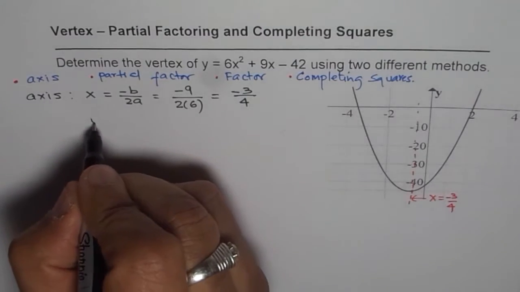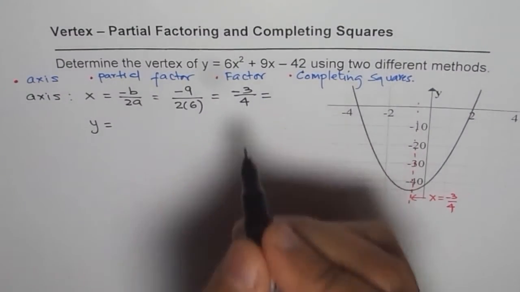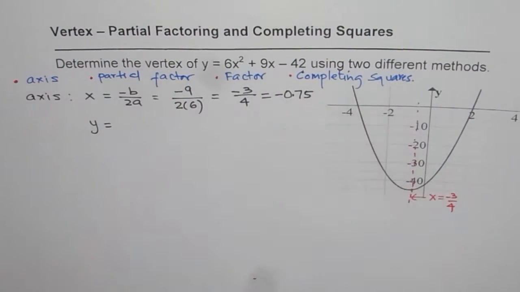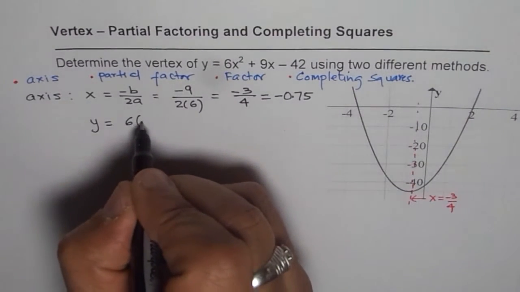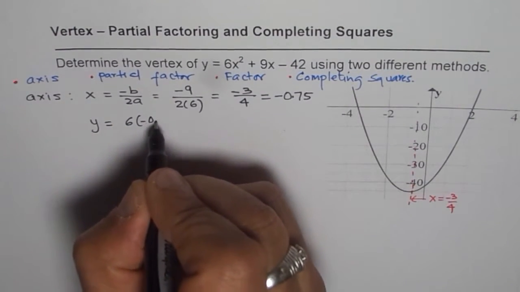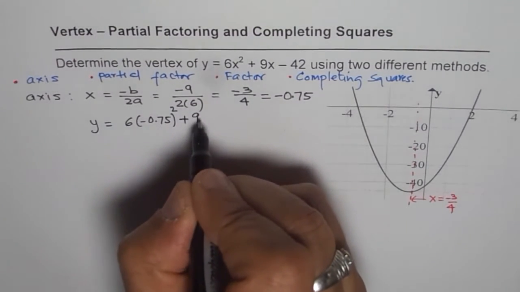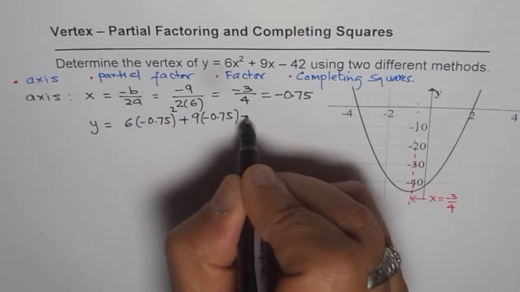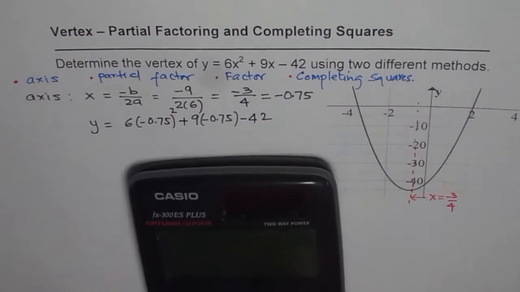So now y is equal to, we'll substitute minus 3 over 4 or minus 0.75 in our equation. That gives us 6 times minus 0.75 squared plus 9 times minus 0.75 minus 42. At this stage we should use a calculator.